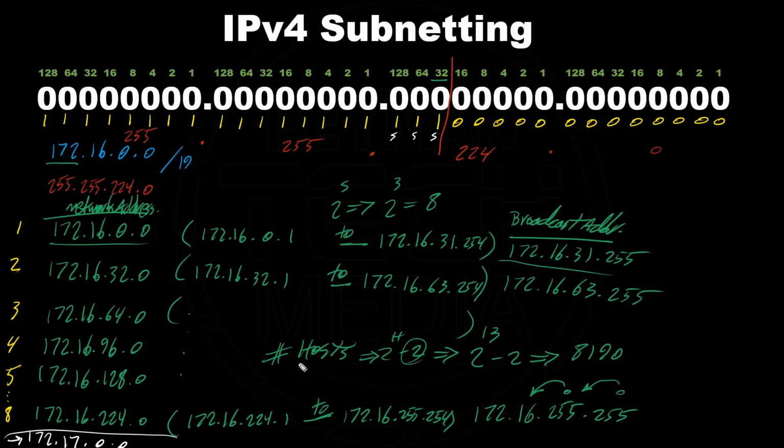As we talked about the formula, the number of hosts is 2 to the power of host bits minus 2. The number of subnets is 2 to the power of subnet bits. In this case, only 3 subnet bits, 2 to the power of 3, 8 subnets, every subnet 8,190 available IP addresses. In the next videos, we will talk about supernetting, we will go over VLSM, and we will have more practice and exercises.